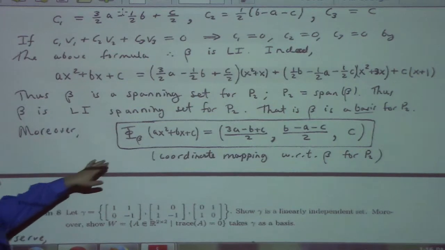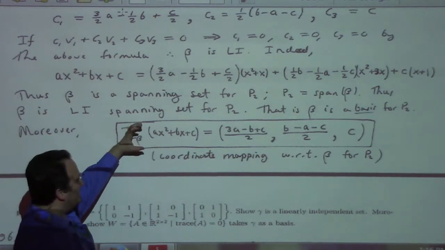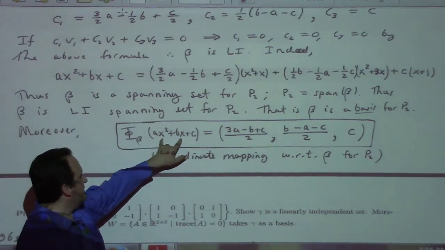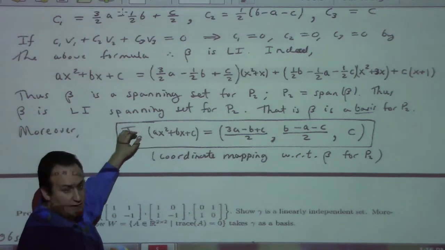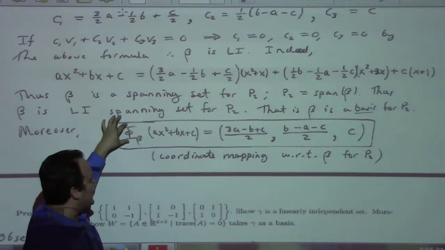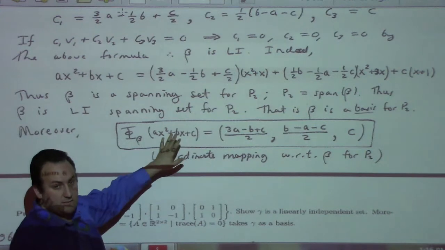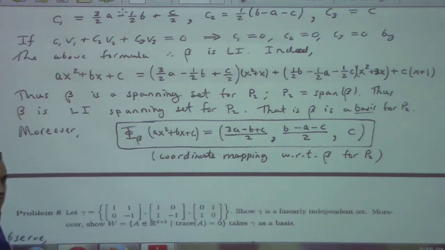Another notation for this is V sub beta. It's also another notation we have for it, V sub beta. So how to write the first part for the basis? There are two questions, right? Yeah, I know.